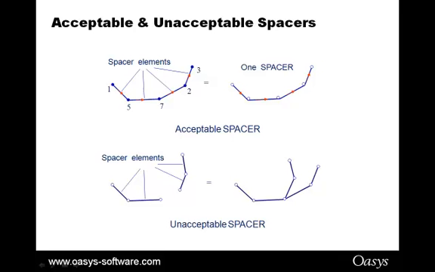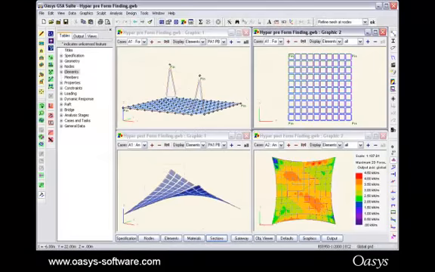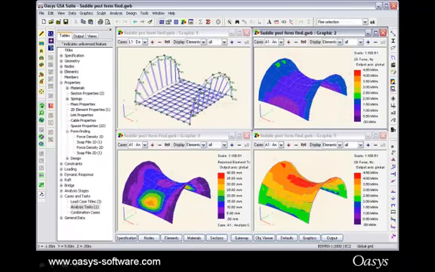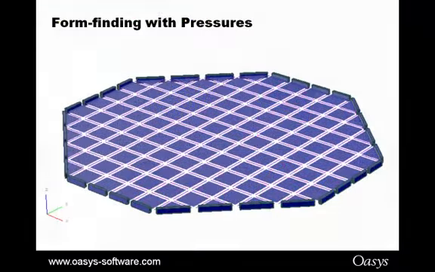A number of spacer elements of the same property go together to make one spacer. You can't have any breaks in the spacer. You can't have any forks or bifurcations. So you'll tend to end up with quite a few spacer properties in the model. End result: hypar structures, saddle structures, and so on.